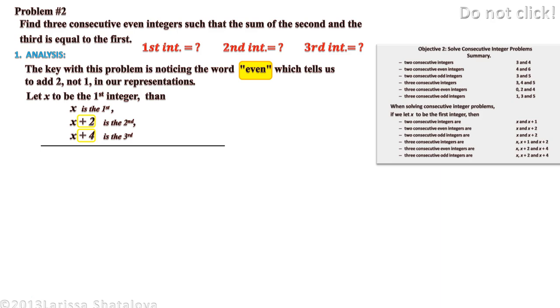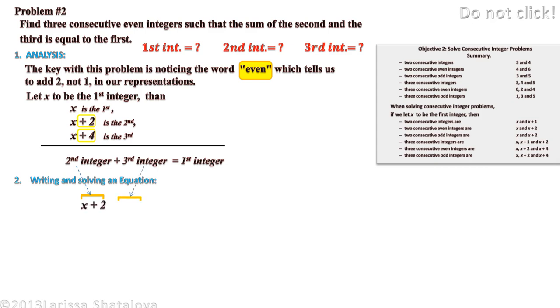Now we know that the second integer and third integer equal the first integer, so we are ready to write out an equation. Second integer is x plus 2, third integer is x plus 4, and all of this equals the first integer, just x.